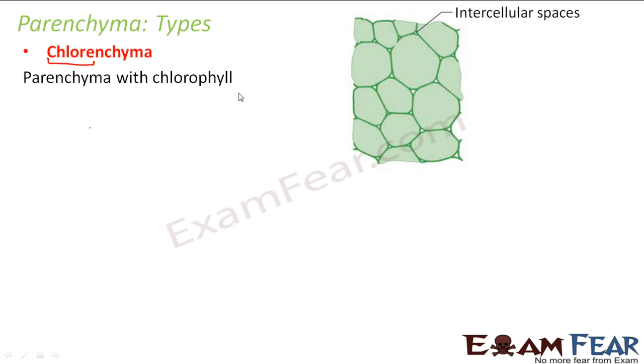So I'm sure all of you are aware of what is chlorophyll. You all must be knowing what is photosynthesis. It is a process by which plants prepare their own food in presence of sunlight. So the pigment which plays a very important role in photosynthesis is chlorophyll. Chlorophyll is a green colored pigment which is present in plants, because of the presence of which the leaves are green in color.